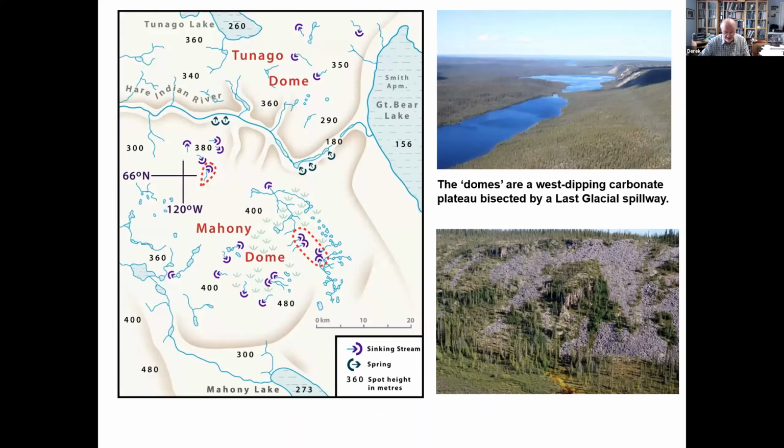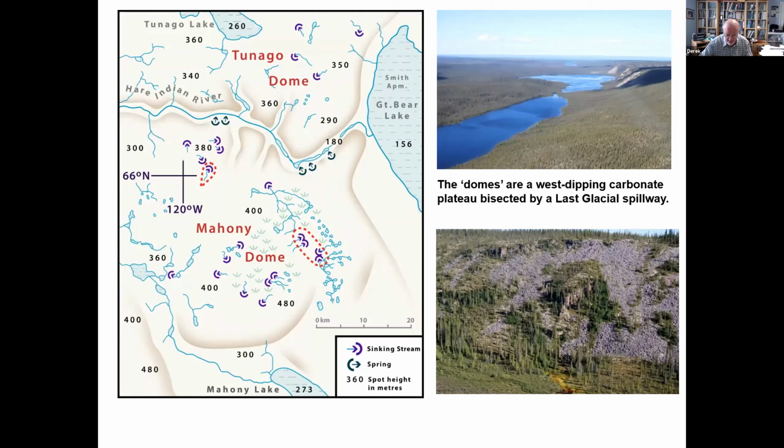On both sides of the channel, springs flowed into the spillway, creating lakes, and then the Hare Indian River here. And we're going to start off by going to the Mahony Dome first, south of the spillway, and then the Tunago Dome, north of the spillway.